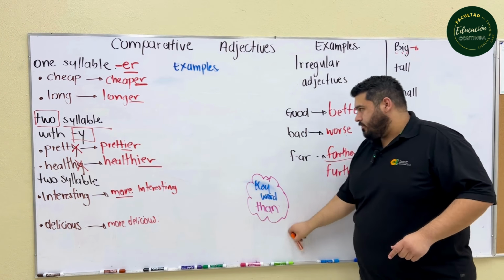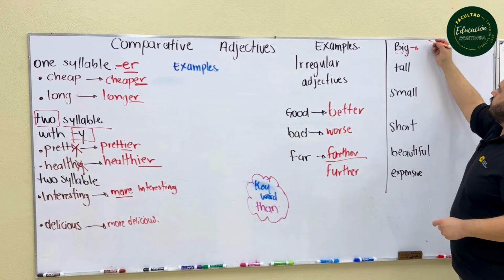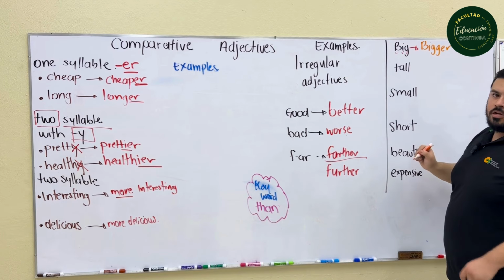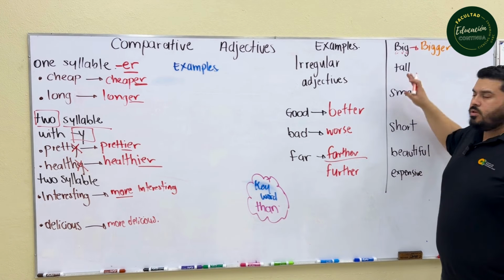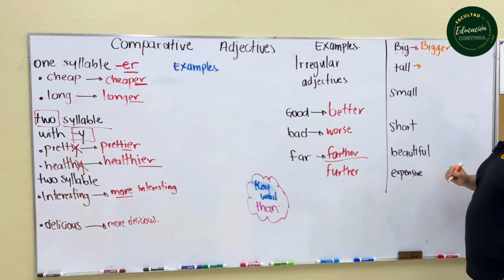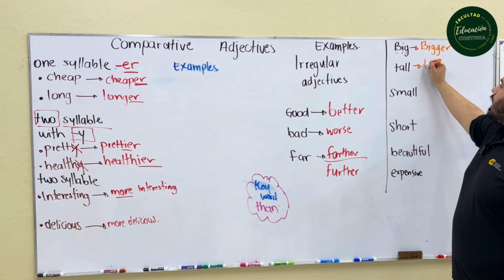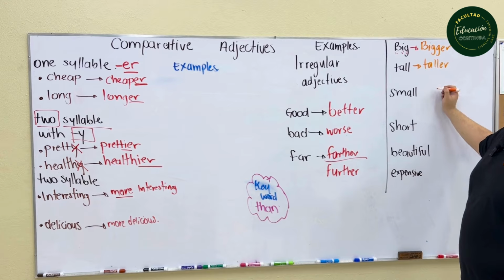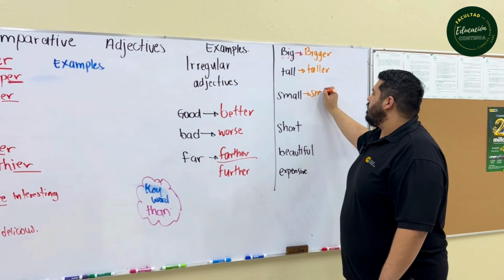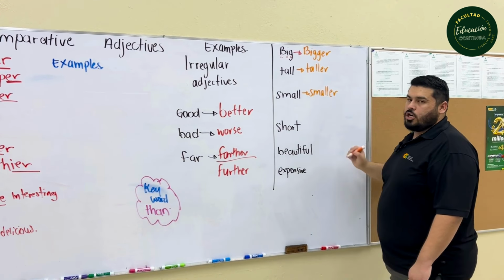For example, big, bigger. But with those words, it's not that way. Tall changes to taller. Small changes to smaller.